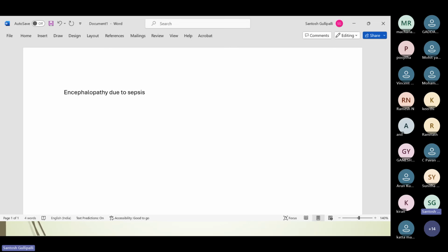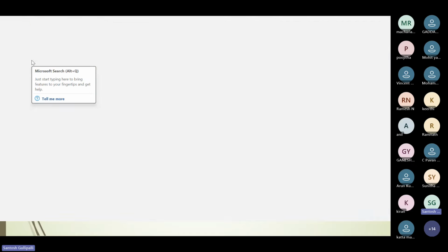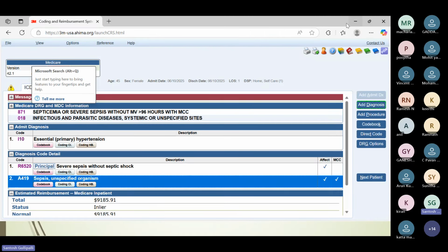So that is brain dysfunction, that is organ dysfunction. The brain is the organ, so it is organ dysfunction due to sepsis. That is severe sepsis. So any acute organ failure or acute organ dysfunction related to sepsis is severe sepsis.